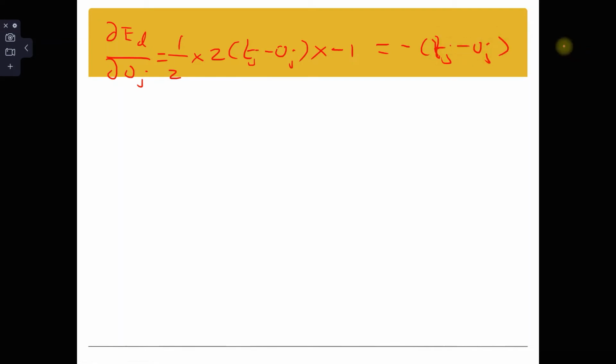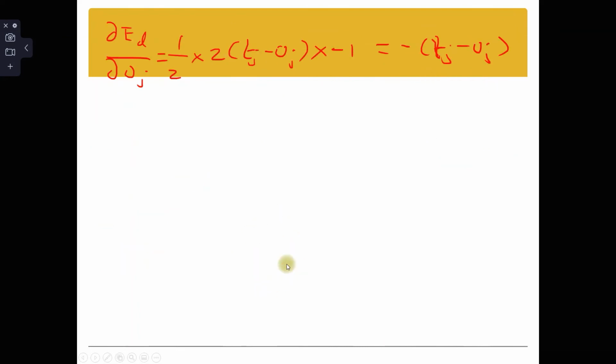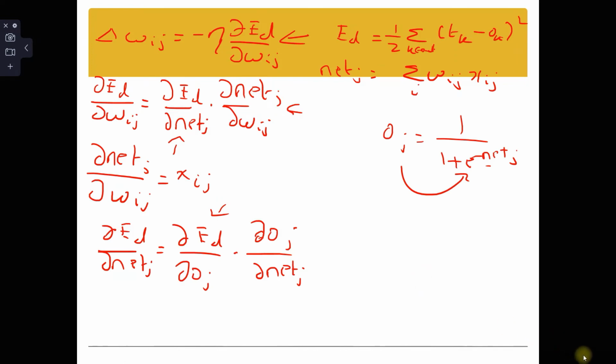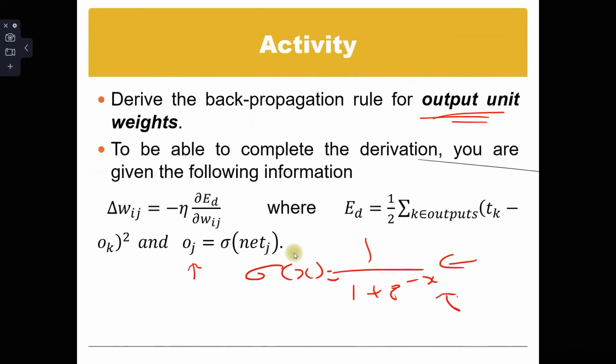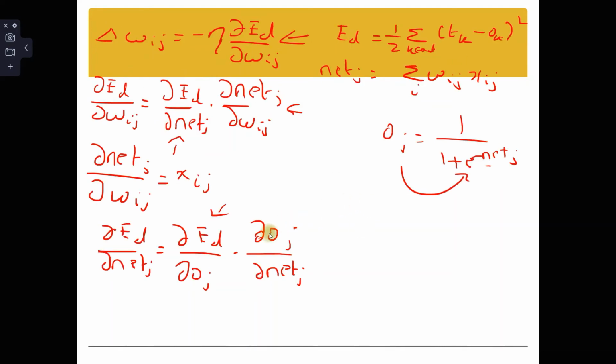There we go. Now that we've got that part done, we need to get into determining del oj by del net j. So let's get into this one. We now want to differentiate that part here.